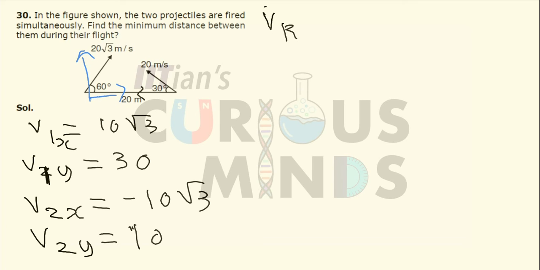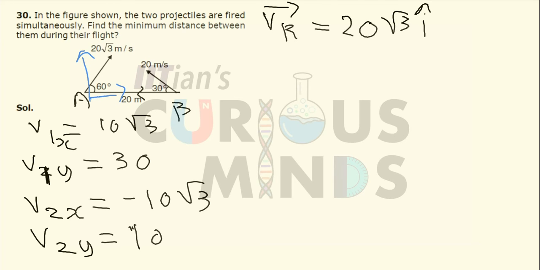Let us consider this is the particle A, this is the particle B. So the relative velocity of A with respect to B will be equal to, now I am considering that the B particle is fixed over here. So the relative velocity along the x direction is 10 root 3 minus negative 10 root 3, which is equal to 20 root 3 i cap.